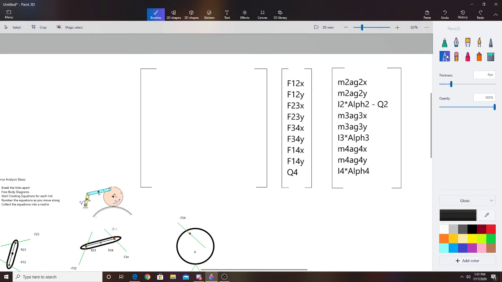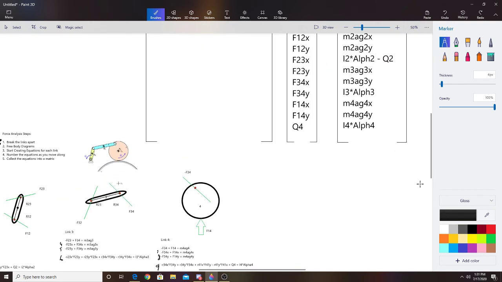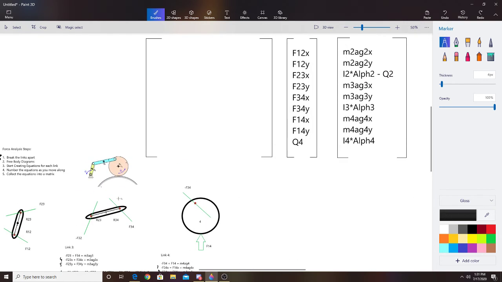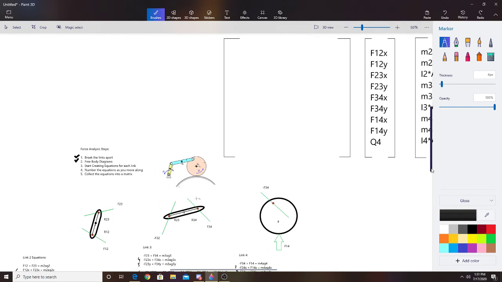All right, so now we have to fill in this part. So the tough part is I'm going to have to zoom out a bit because we have to see the equations, because of how badly I did this. But that's okay. We'll get to it. So our first equation is f12x plus f23x, right? So we go down the list. Does our first equation have an f12x? The answer is yes.